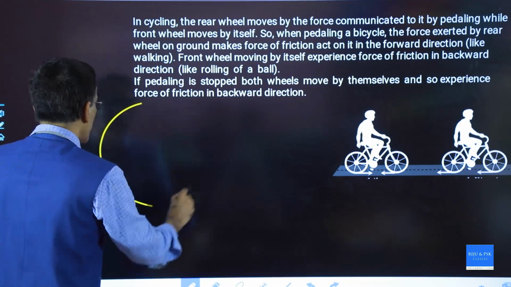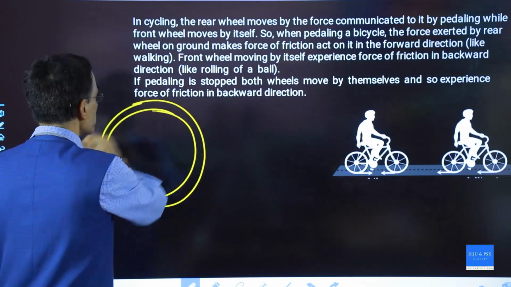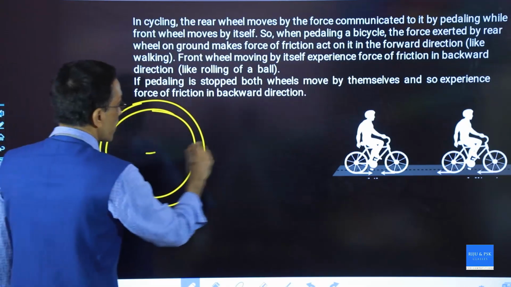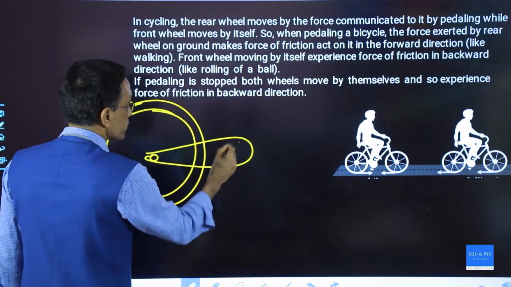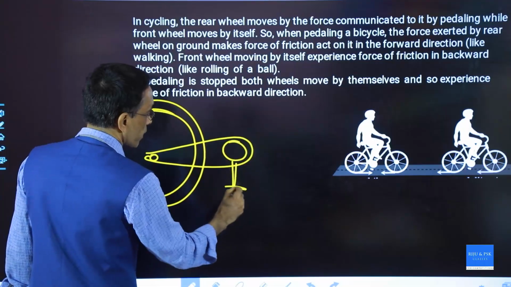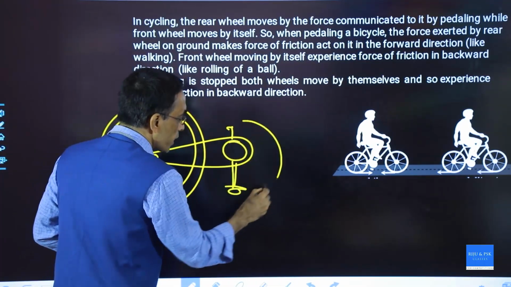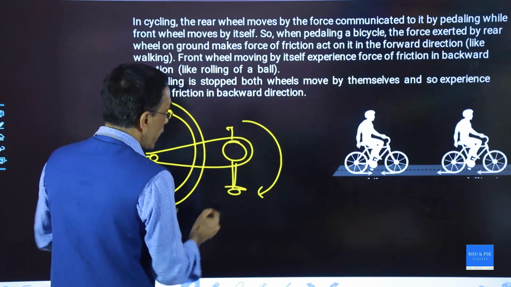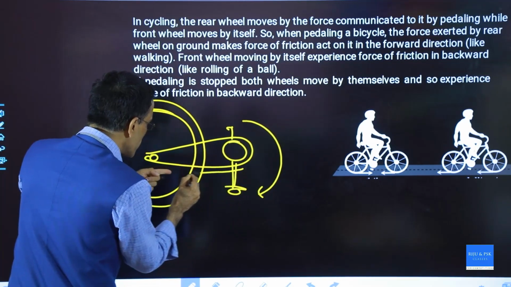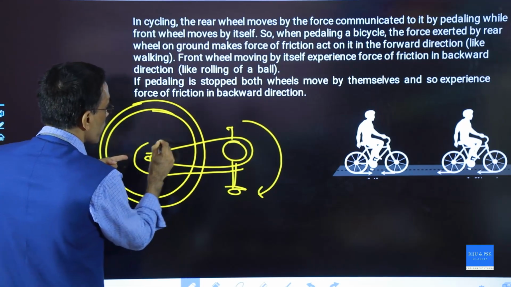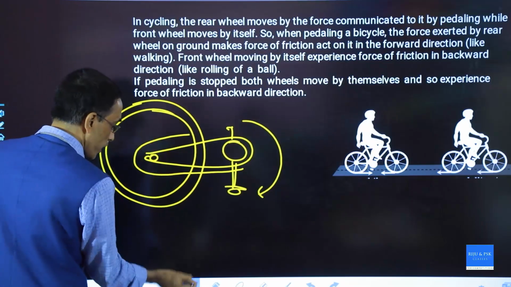See the back wheel of your bicycle. The back wheel is connected to the pedal system. You have your pedal and using your foot, you are turning this in this direction. And through friction, that energy will be transmitted to the back wheel and the back wheel will rotate.